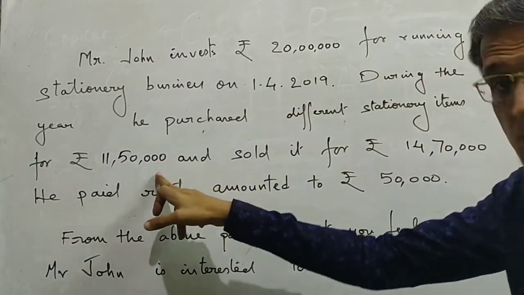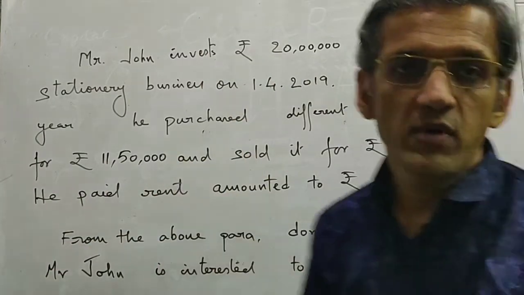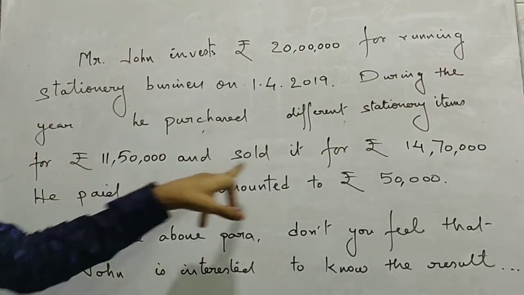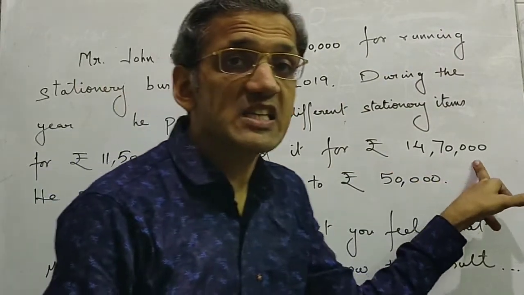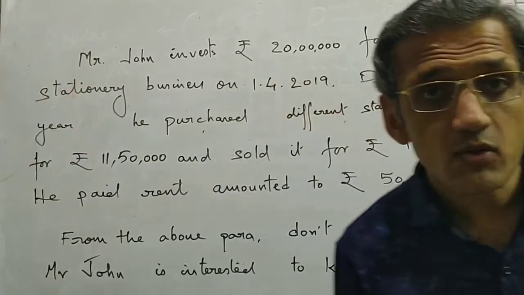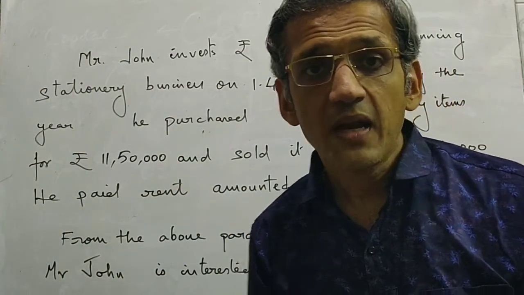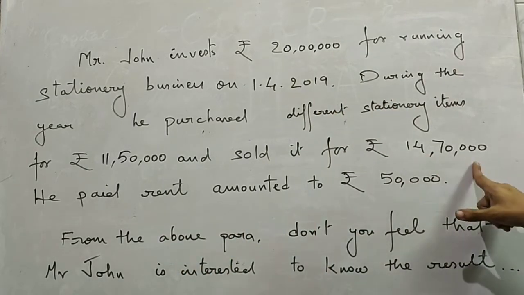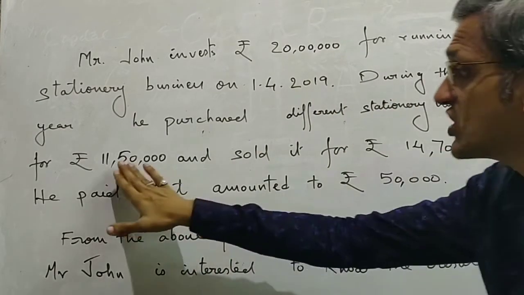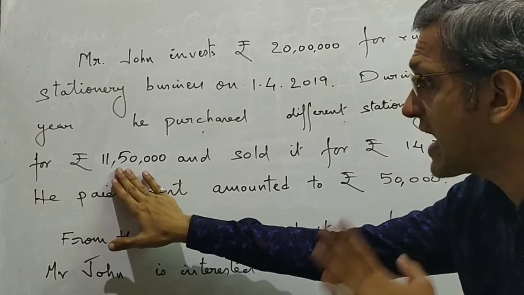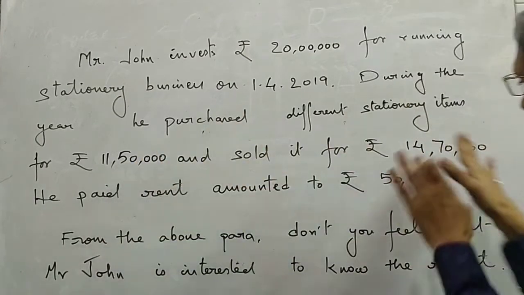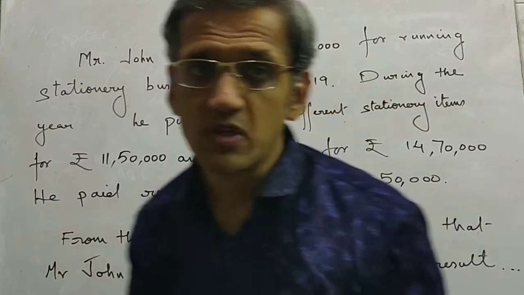So this is expense. Now, and sold it for rupees 14,70,000. During the year, throughout the year, he sold these stationery items gradually, and he sold it for rupees 14,70,000. Entire amount of 11,50,000 what he purchased, he sold it for rupees 14,70,000.